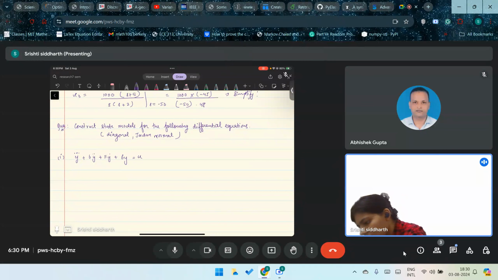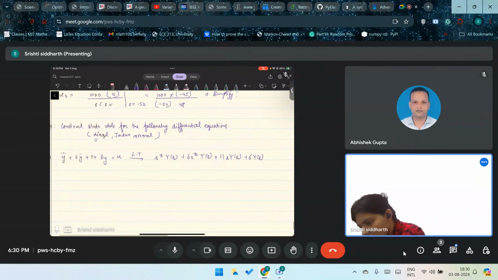Okay, so let's take the Laplace transform. We get s cube Y(s) plus 6s square Y(s) plus 11s Y(s) plus 6Y(s) equals U(s).